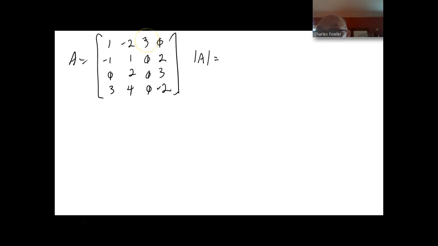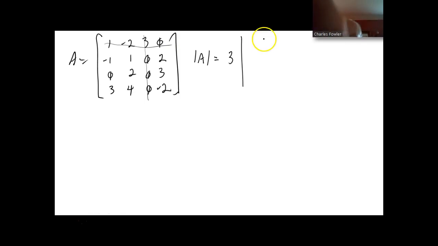First determine the sign of that position: plus, minus, plus. So that's a plus position, the 3 is a plus, and that would then be times the determinant of everything that's left when you wipe out the first row and the third column.